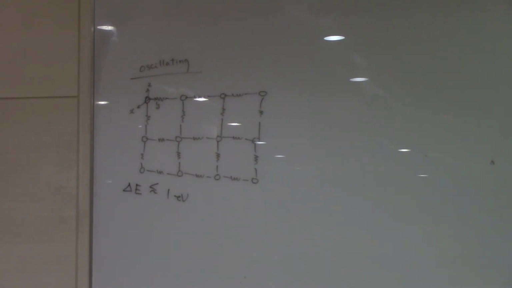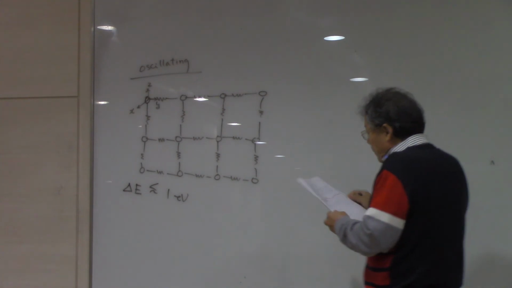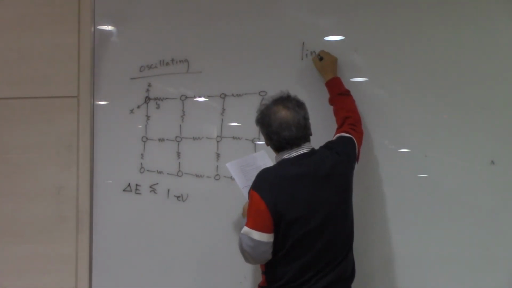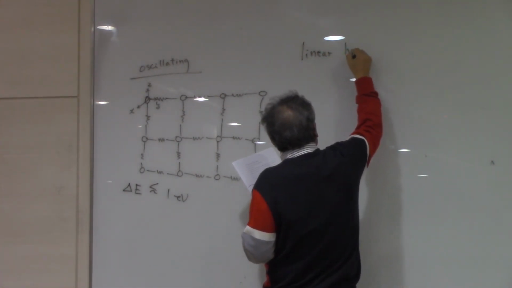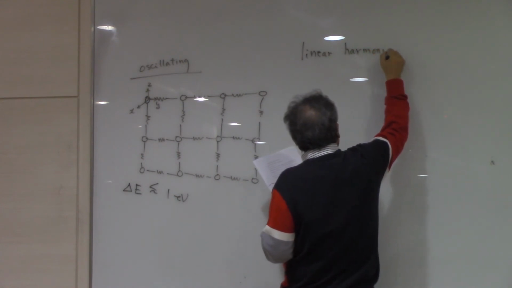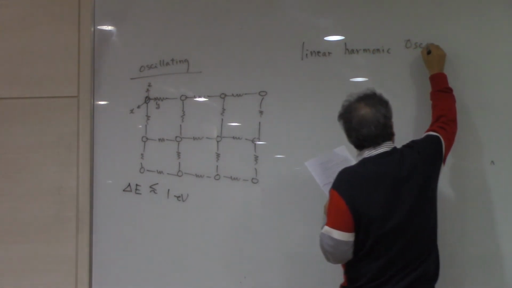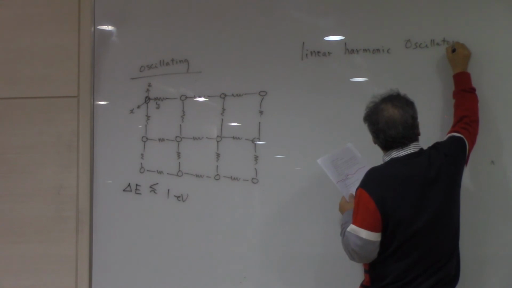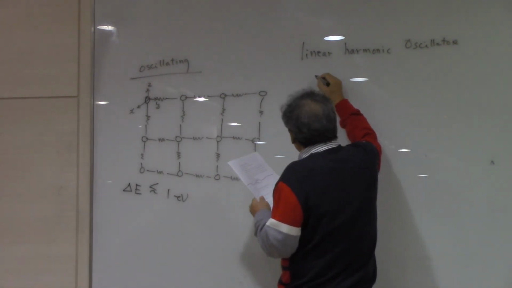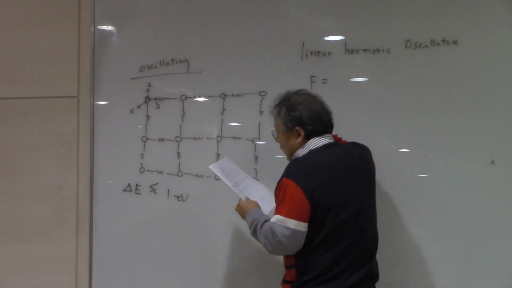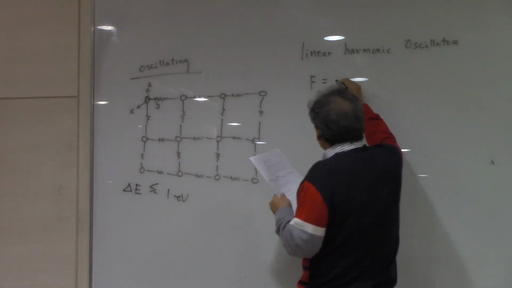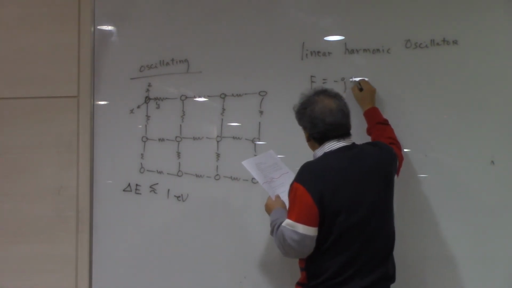In other words, the phonons, right? Linear harmonic oscillation. In the linear harmonic oscillation, F equals minus Gx, where G is the spring constant.